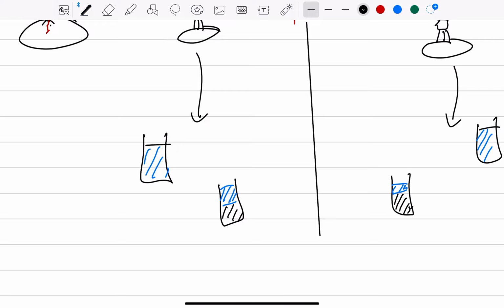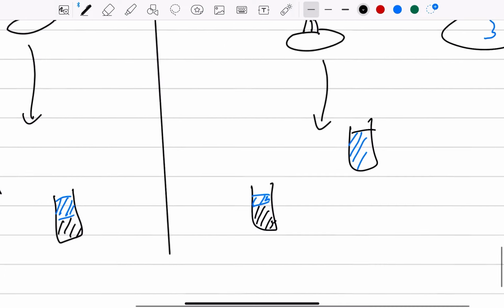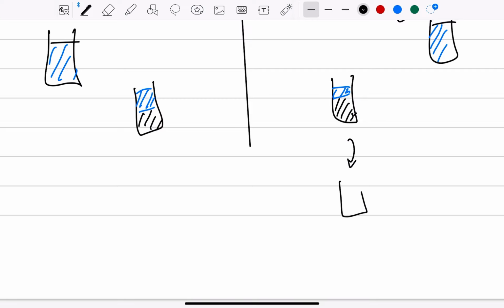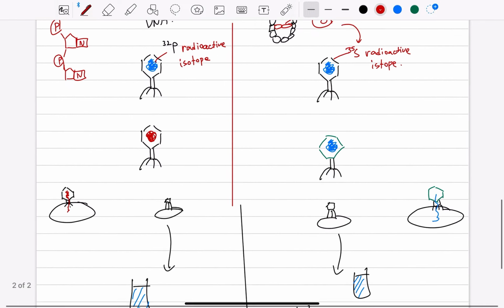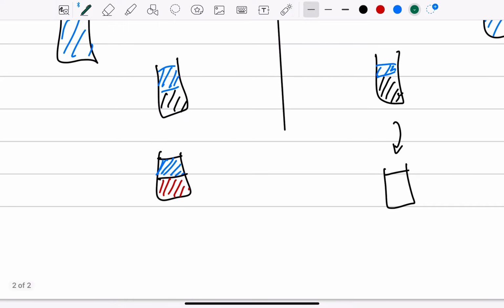And when we tracked the radioactivity that we used to label the protein and the DNA, we saw that the labeled phosphorus 32 was actually seen in the bottom half, and the labeled protein was seen in the upper half, or not necessarily half, but upper, and that the phosphorus was seen in the lower.